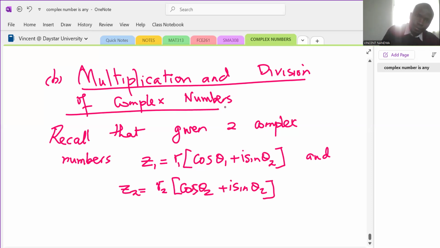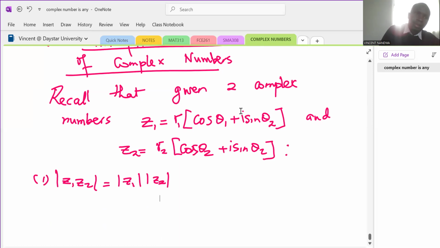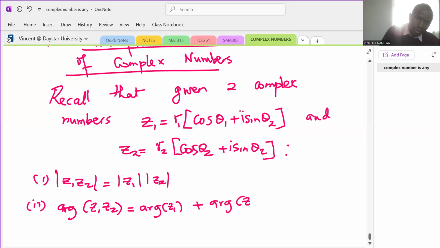Number 1, the modulus of Z1 times Z2 is given by modulus of Z1 times modulus of Z2. And then number 2, argument of Z1 times Z2 is the same as argument of Z1 plus argument of Z2.